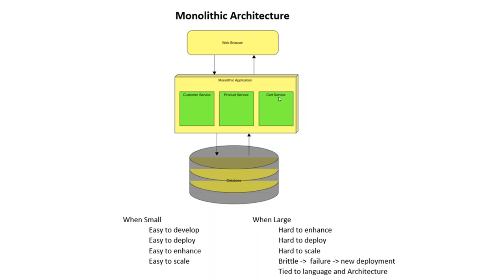The traffic will go from the web browser and be directed into the three different modules, depending on where the user is in the web experience, for example before checking out with the cart service.